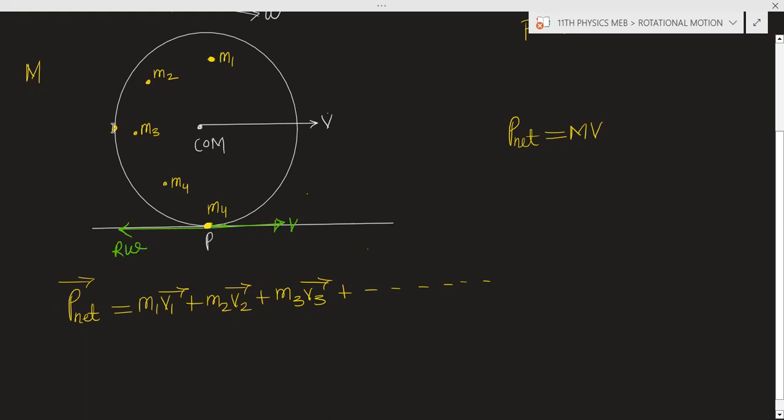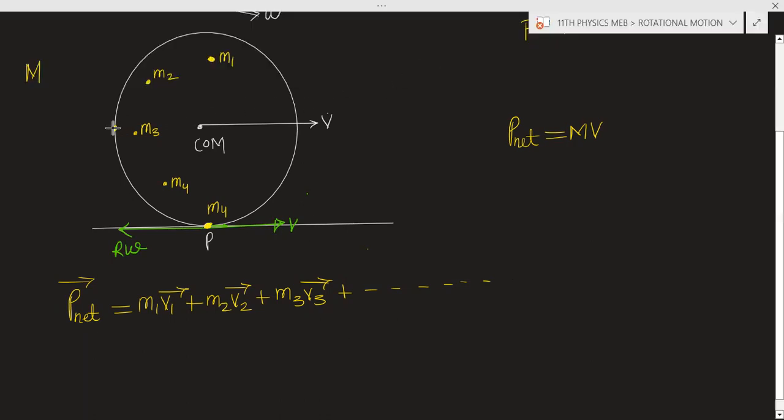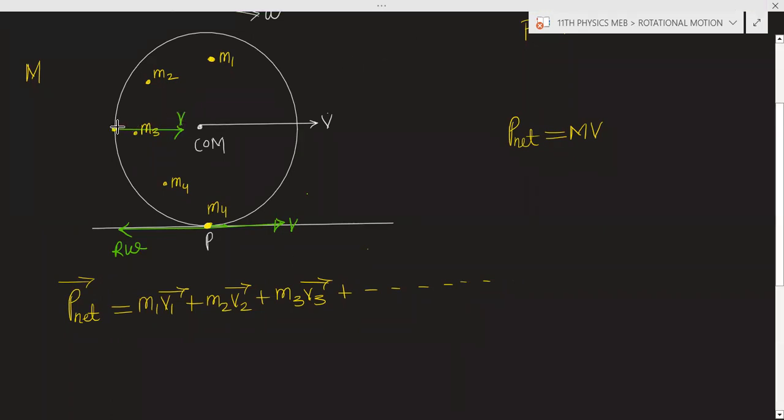Now for this mass, if the mass is here, there will be one velocity in this direction, that will be the velocity of center of mass, v. And there will be another velocity due to the rotation, that will be perpendicular to this mass, that will be r into omega.